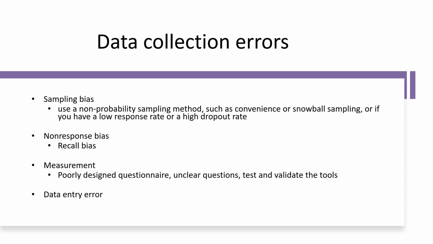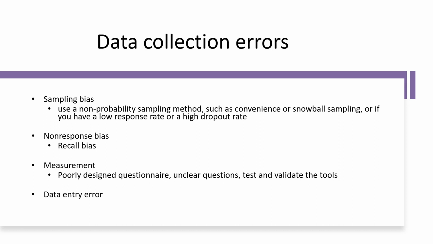You can have something like recall bias that we've talked about, where people just don't remember. I mean, risk factors, for example, because it has happened in such a long time, they don't remember. So you have to try and minimize that. You could also have measurement errors, mostly relating to the tools that you use.